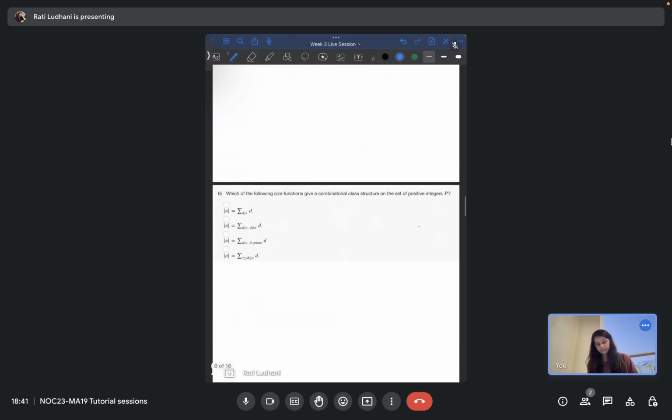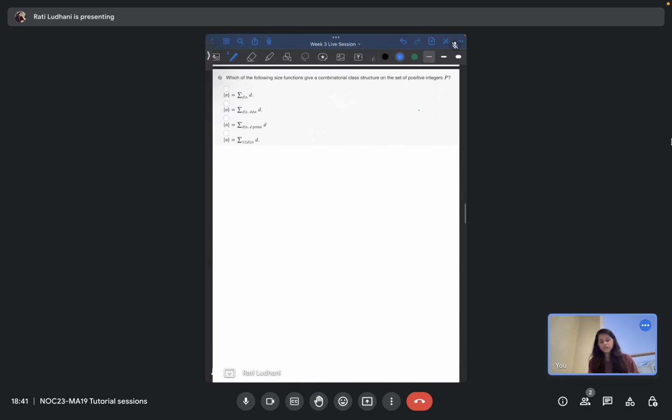Okay, let's move to the next question. Which of the following size functions give a combinatorial class structure on the set of positive integers? So what is a combinatorial class?